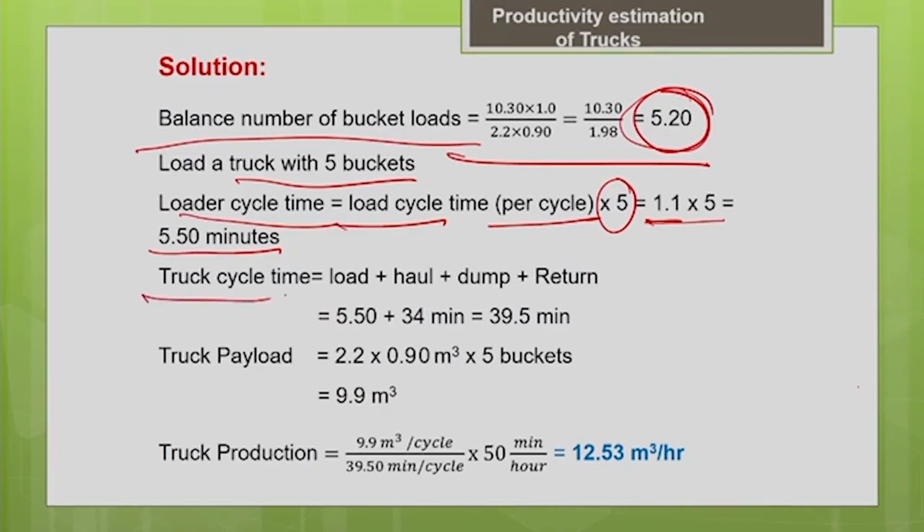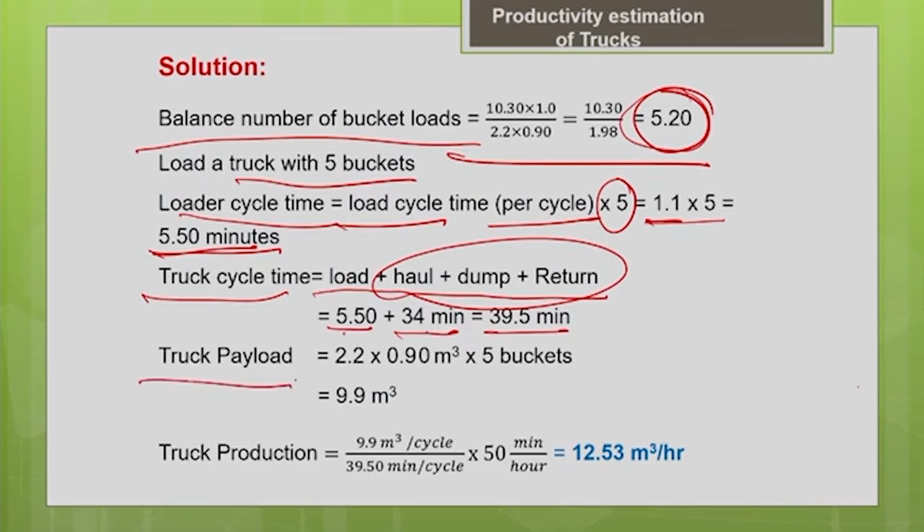Now, what will be the truck cycle time? Truck cycle time is nothing but loading plus hauling plus dumping plus returning. So, this value is completely given to you in the problem as 34 minutes, haul plus dump plus return. Loading time you have just now estimated 5.5 minutes. So, 5.5 plus 34 gives you 39.5 minutes as a truck cycle time.